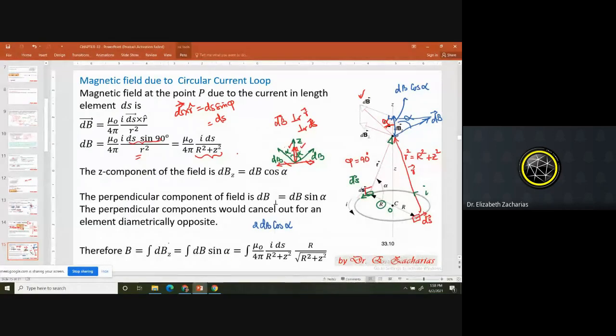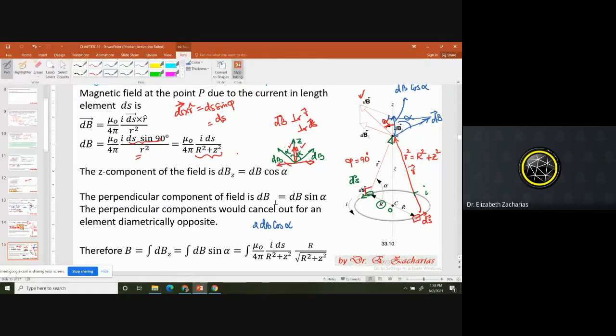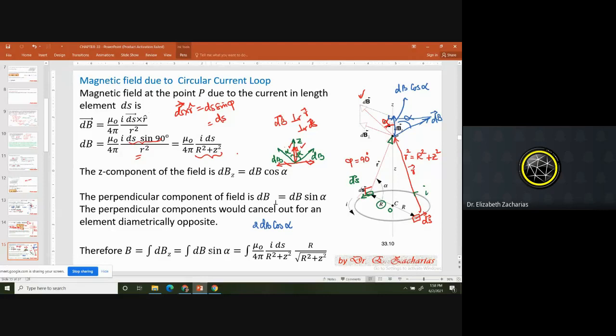Therefore, dBz is equal to dB cos alpha. Please, there's a mistake here. Okay, cos alpha would survive. I hope I'm right. Yeah, the base is going to be, so it's cos alpha. Cos alpha would survive.